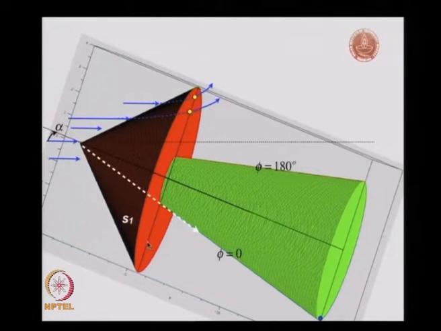If you were to look at this particular line from this face, just try looking at this from this face. This white line here projects onto this green base at this blue point here. Similarly, we will draw the other radial line which is going from the topmost part of the cone, the radial line at phi is equal to 180 degrees.